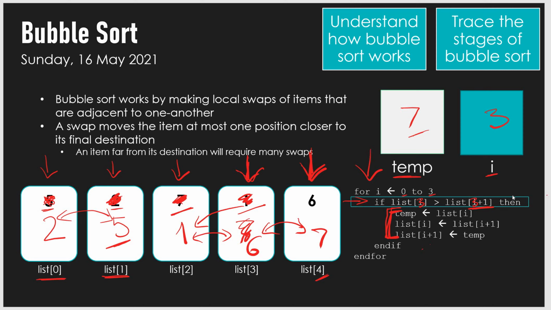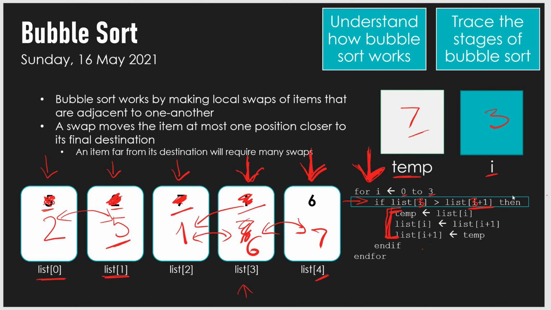So there is no need for you to check the last index in the array with the next index which actually doesn't exist. So this is the reason why the for loop should only go to the index before the last one in the data structure that you're trying to sort out.